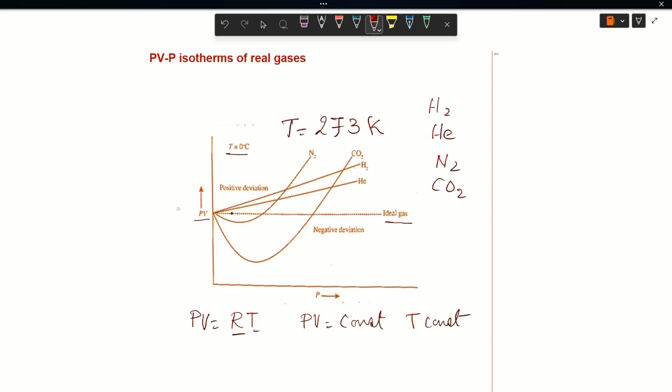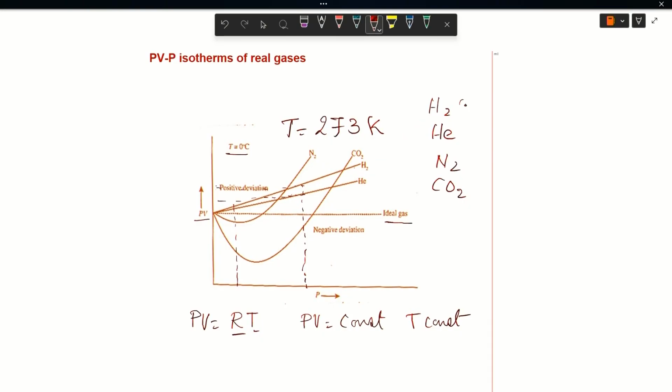So, here we have a particular pressure and here I am having another pressure. You can see when the pressure has increased, the value of PV has increased in both cases, but in the former one it was having a lower value.